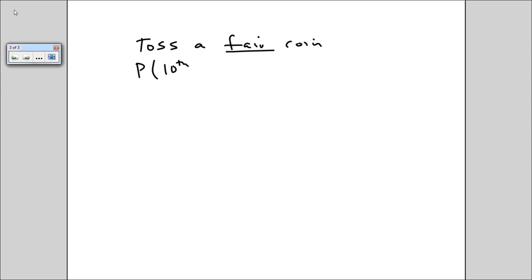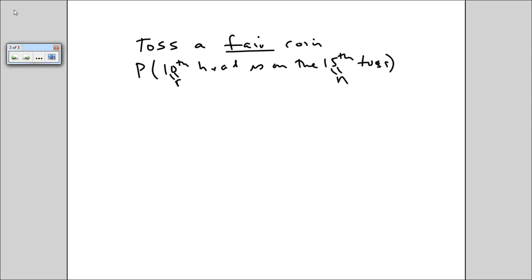Probability that the 10th head, this is probably a better way of saying it, the 10th head is on the 15th trial, or we'll call it toss. A toss is a trial. Okay. So, r is the number of successes you have, and 15 is n, the number of trials.